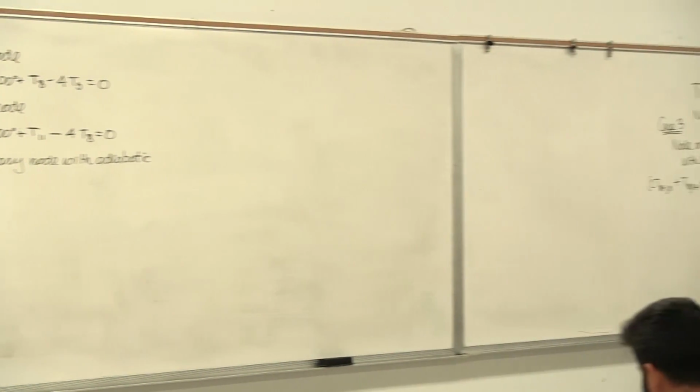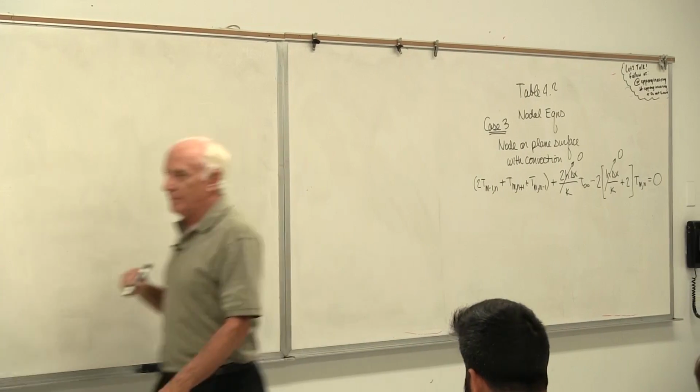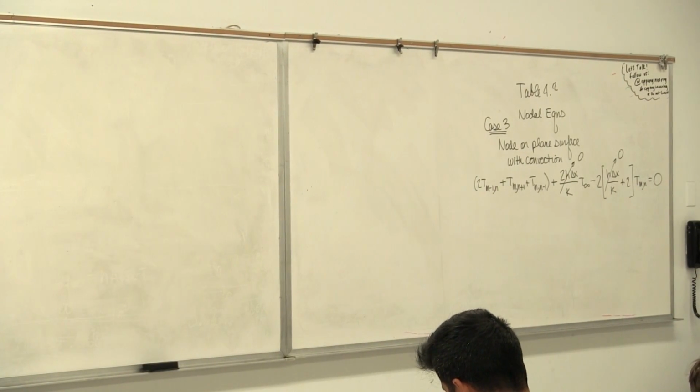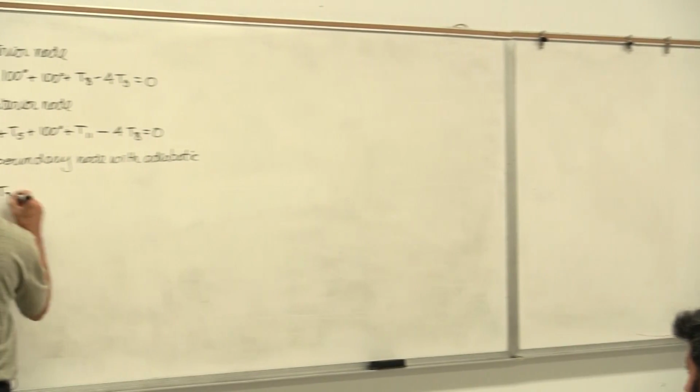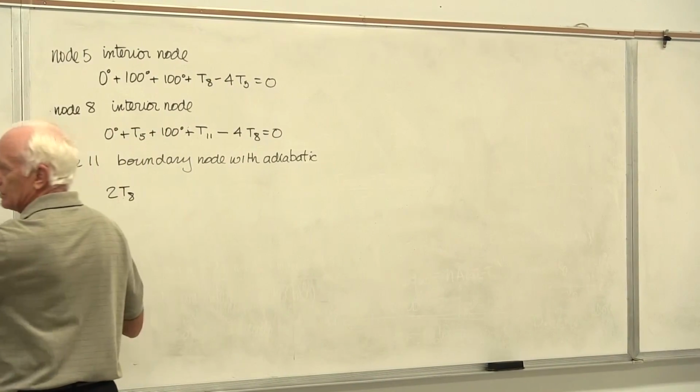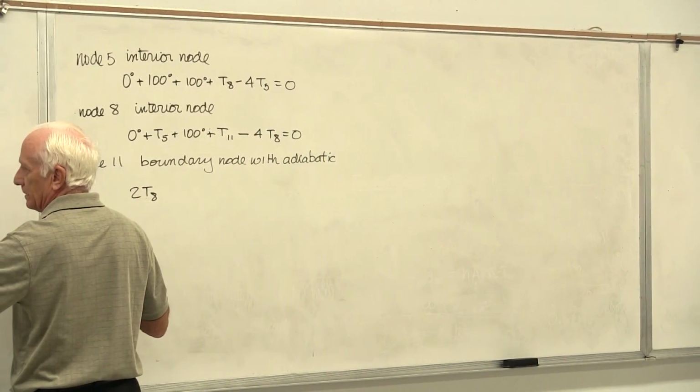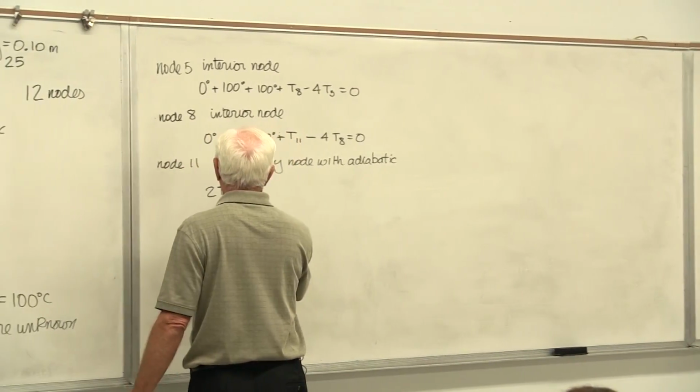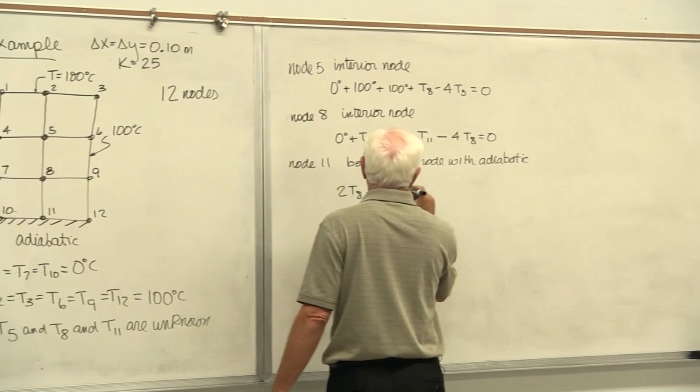Okay, there it is. 2 times T(m-1,n). That's T8. Plus the neighboring nodes, T10, T12: T10 is 0, T12 is 100.